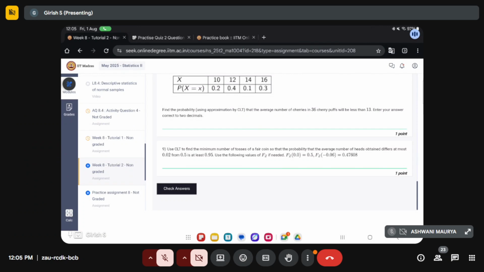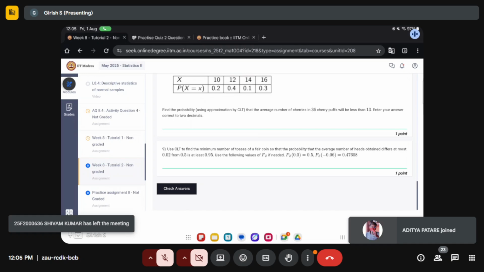We are given: use CLT to find the minimum number of tosses of a fair coin, so that the probability that the average number of hits obtained differs at most 0.02 from 0.5 is at least 0.95. We are given some values which may or may not be useful. We have to find the minimum number of tosses, right?